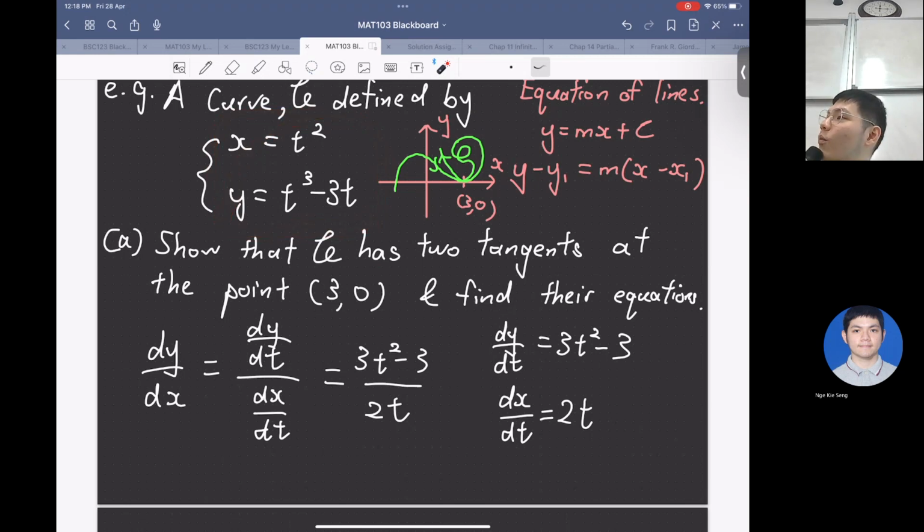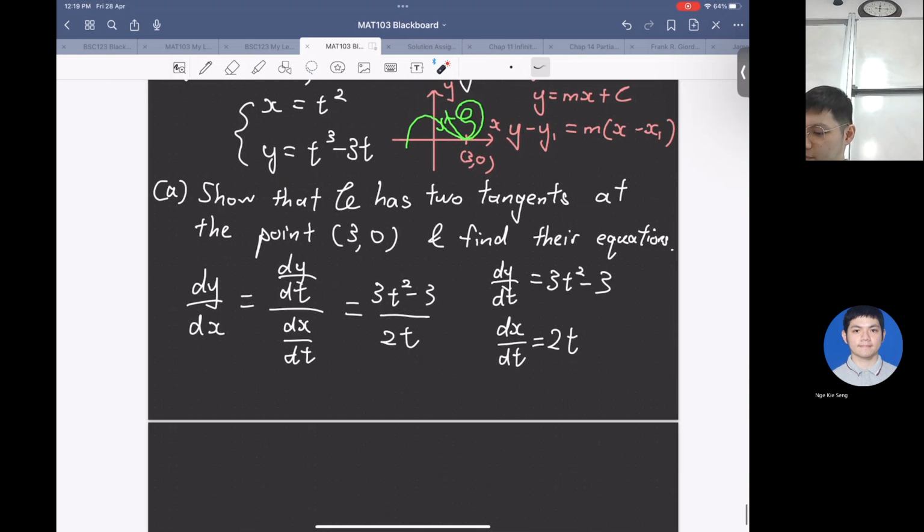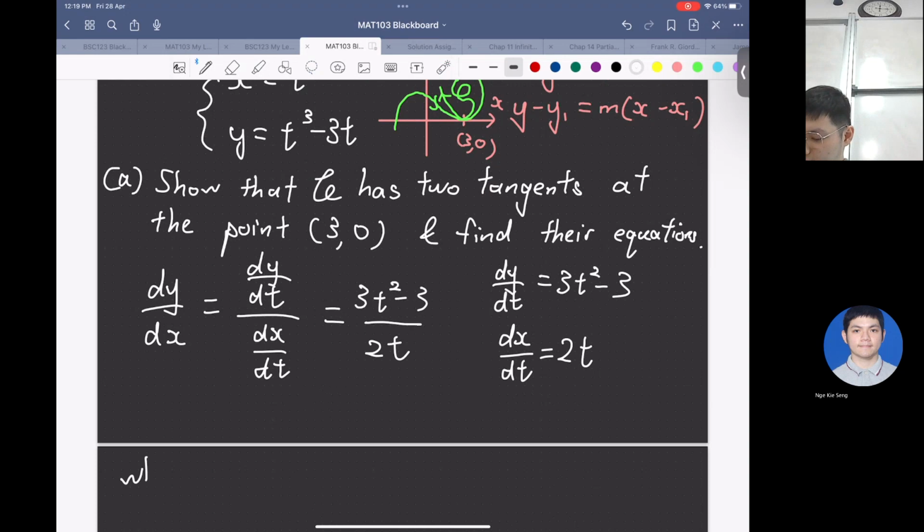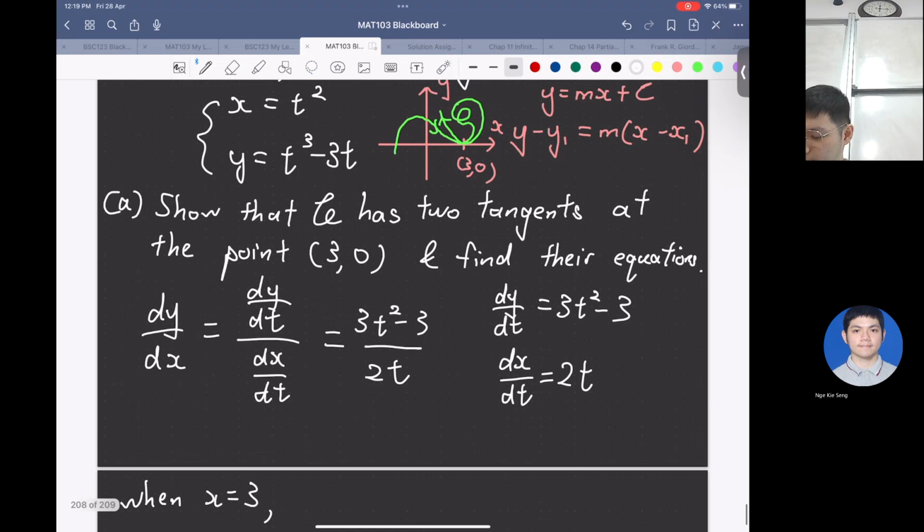So we need to find what time the particle passed by the point. So we need to check when x equals 3, what happened to our time? Our time is plus minus square root 3.